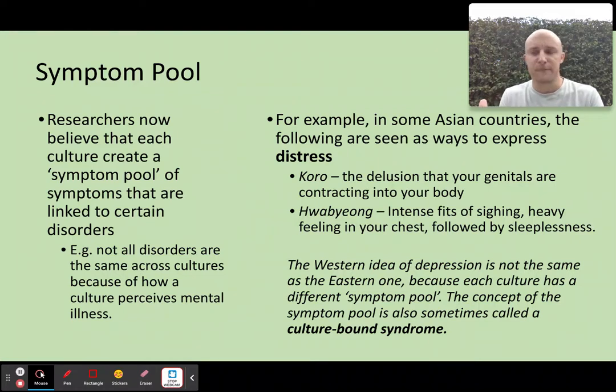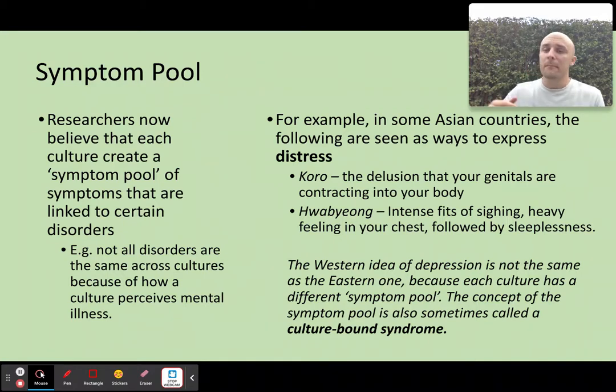At least schizophrenia, minimally schizophrenia, would be diagnosed. And Hwabyung, I think I get Hwabyung quite a bit, but Hwabyung is when you're distressed and you're really under pressure, you have intense fits of sighing, a heavy feeling in your chest followed by sleeplessness.